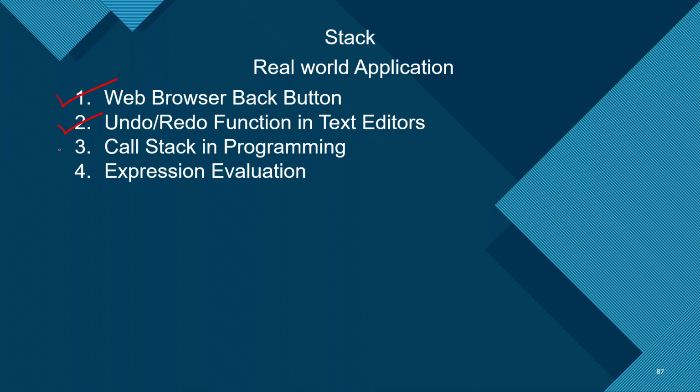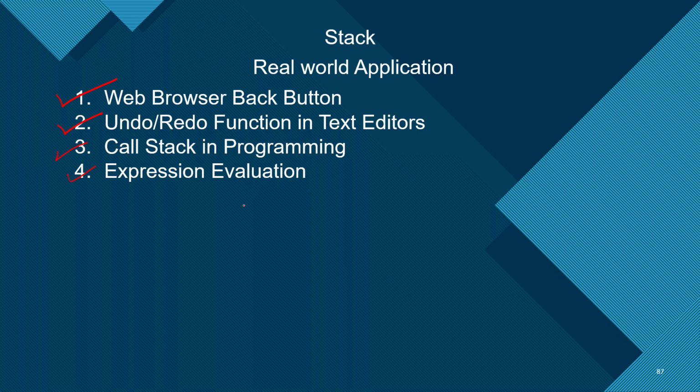The third one is the call stack in programming. When a function is called, it is pushed on the stack. When it finishes execution, it is popped from the stack. This helps in handling recursive functions. The last one is expression evaluation. In this, stacks are used to evaluate mathematical expressions, like converting infix to postfix notation.